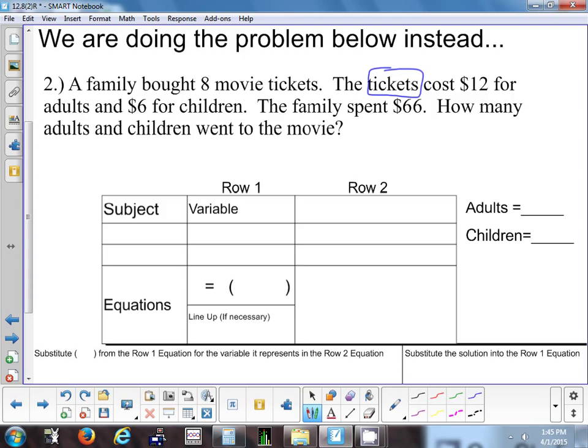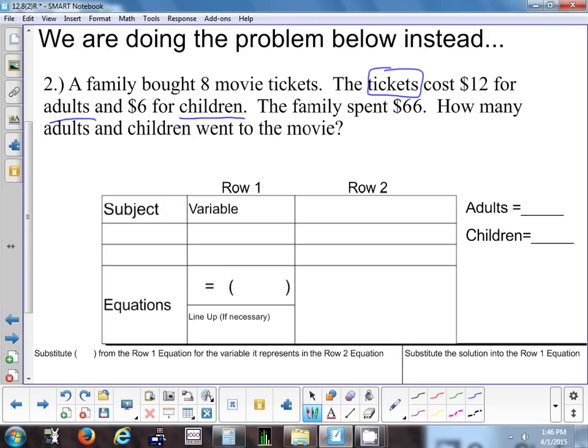Just like with the tickets, we have particular kinds. Just be careful, are we finding the price of tickets or how many? How many. But there's particular kinds. So one kind is what, Tyler? What's one kind of ticket that can be sold? Children ticket. And what's another one that can be sold? Adult ticket.